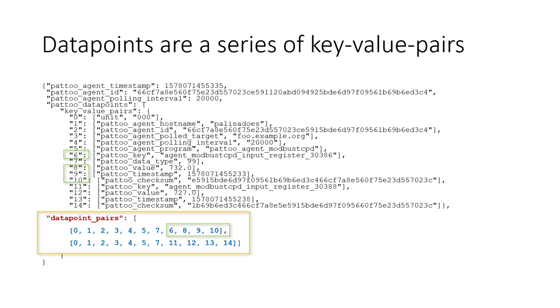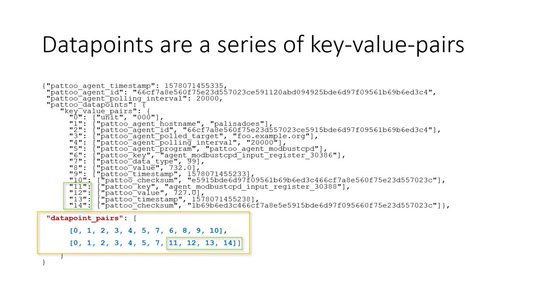Now, let's take a look at the next set of data point pair values for the second data point. And then here you can see where it diverges. This one has 11, 12, 13, 14 that are different, and you can see that the key is different. The Pattoo key in this case is number 11, in which the key value ends in 388.